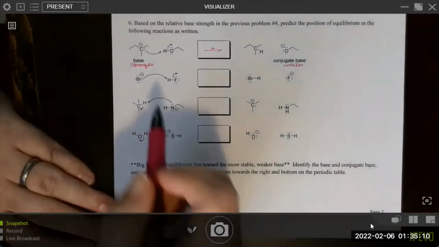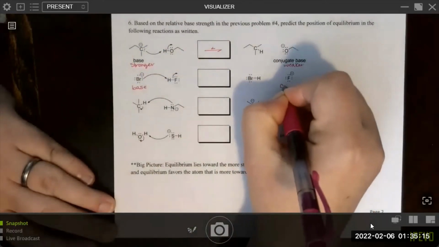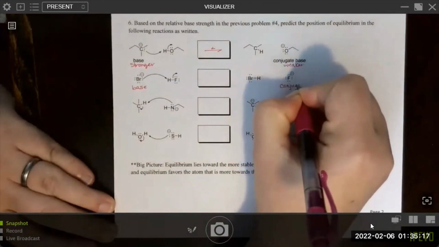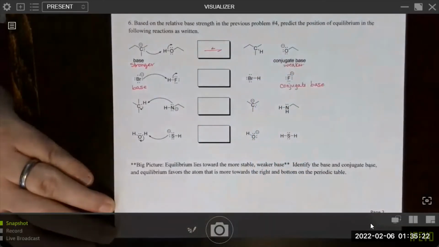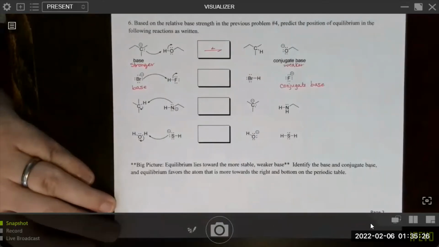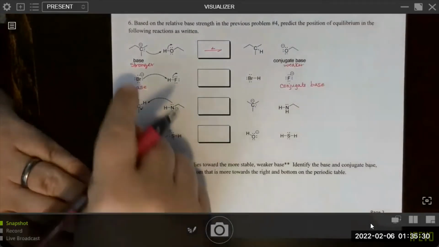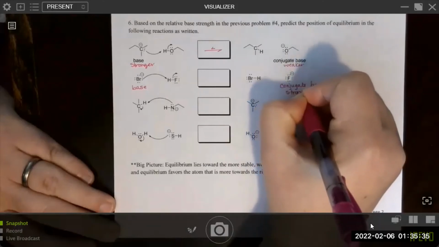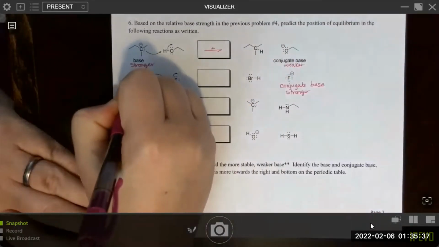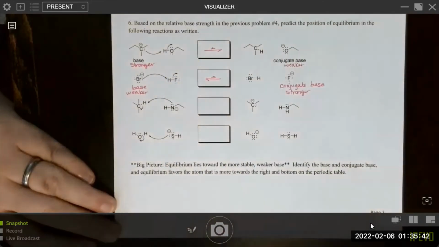Okay, looking at this again, we need to draw in what is the base and what is the conjugate base. And then we can think about which one should be stronger and which one should be weaker. So remember that fluoride was actually a stronger base than bromide. So we're going to write in stronger, weaker, and predict the opposite in terms of equilibrium.